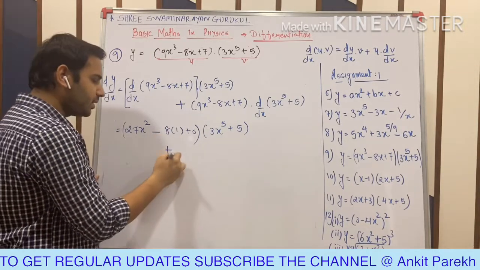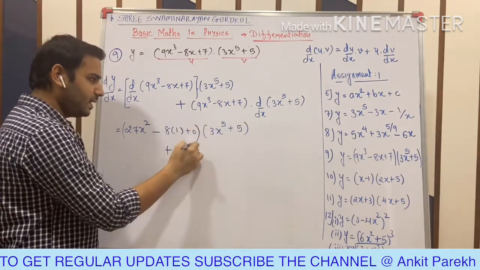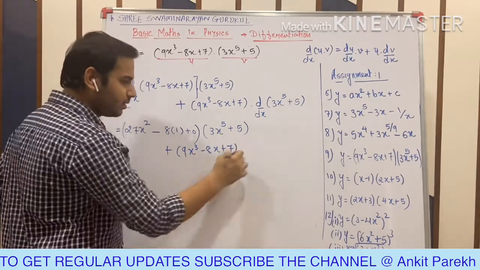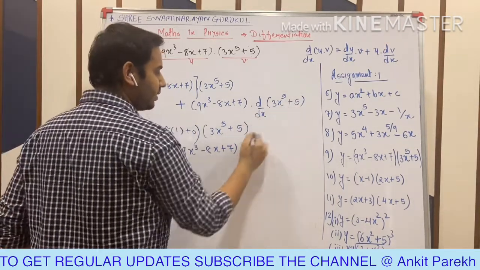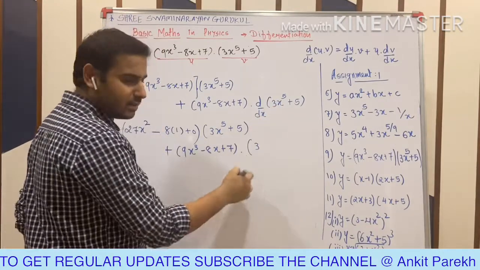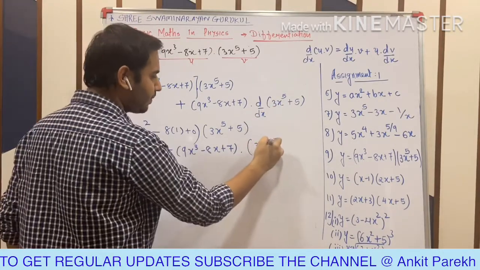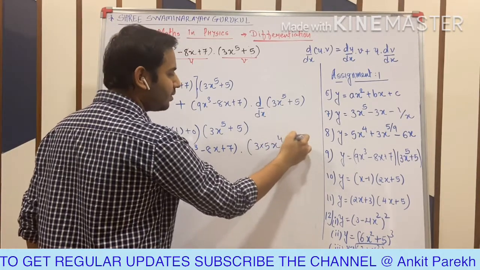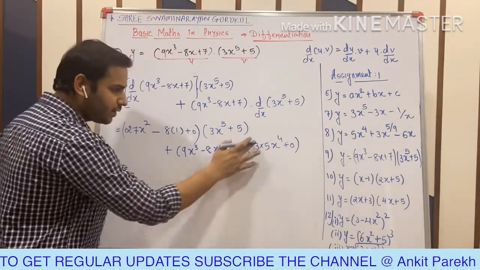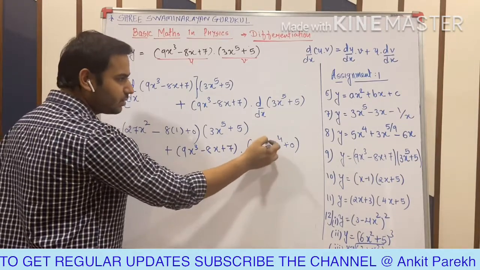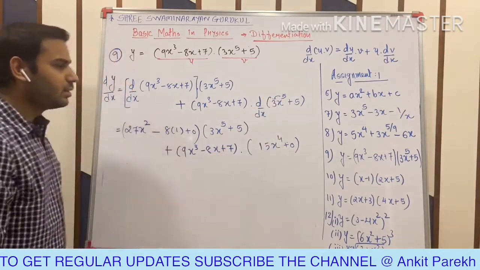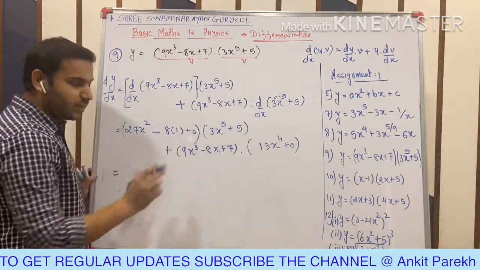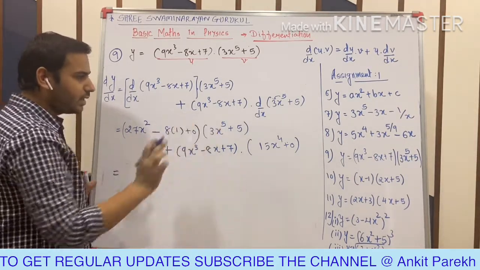Then this term plus the whole term as it is, 9x cube minus 8x plus 7 into this 3 as it is, 5, x raised to 5 minus 1 is 4 plus 0. See, I can write this 3 5s are 15 directly. Understood now? 5 into 3, 15. So, this 27 into 3 and x square and x raised to 5.